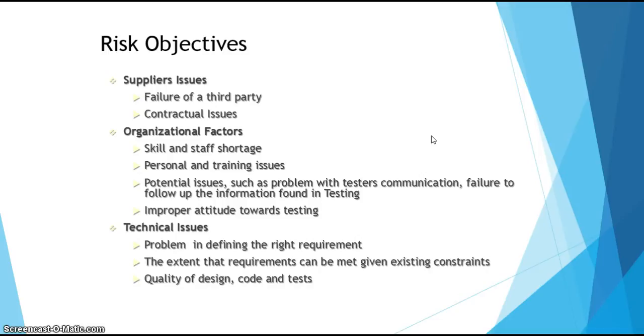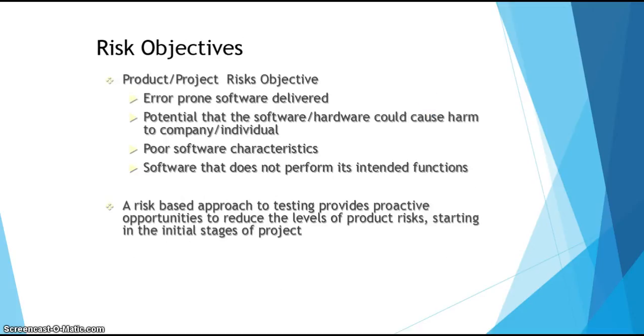Suddenly you have a staff shortage, or you have training issues, or you have some technical issues with respect to defining the right requirement, the quality of the design and the code and the tests, etc. So you have to analyze the project risks, and you have to have a risk based approach to testing, so that you reduce the project risks in the initial stages of the project itself.